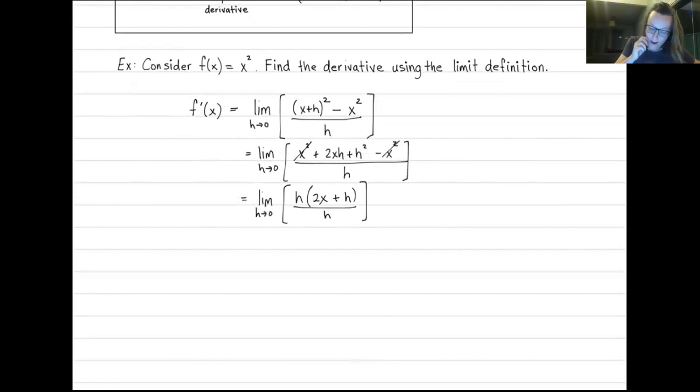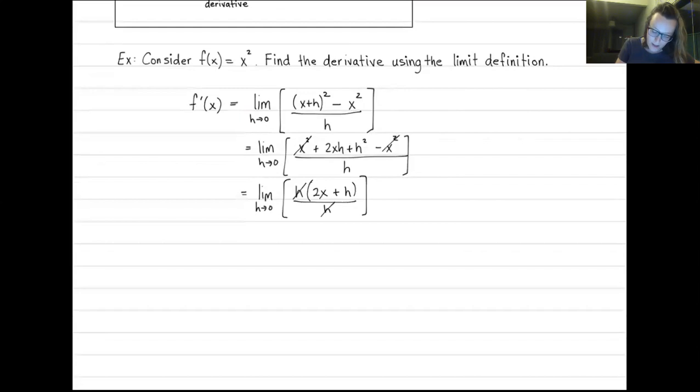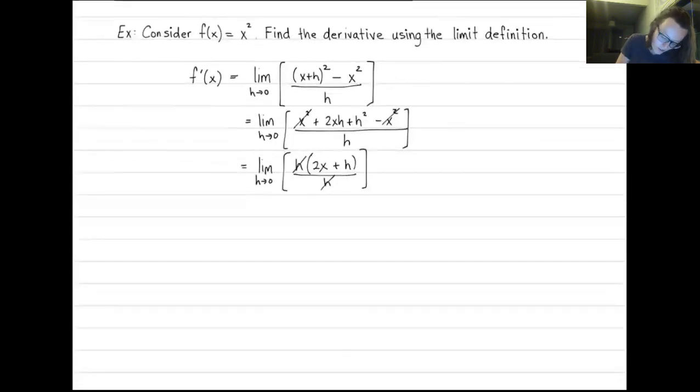And then from there, now our two h's cancel. We no longer have a divide by 0 problem. It's not 0 over 0 when we try to take that limit. And so we're just left with 2x plus h, and when I take the limit of that as h goes towards 0, it gives me 2x. Okay? Because the h, this part here, is going to go to 0, right?